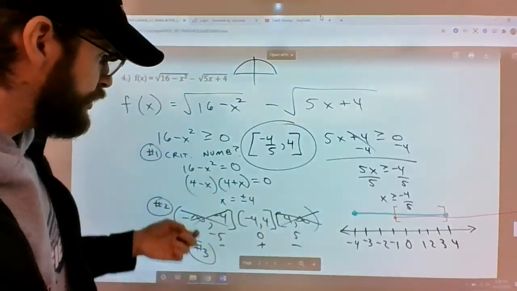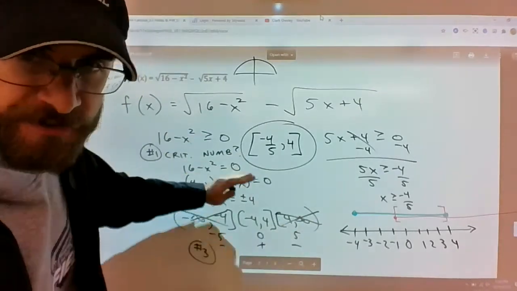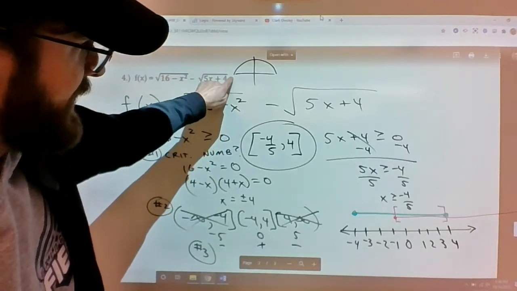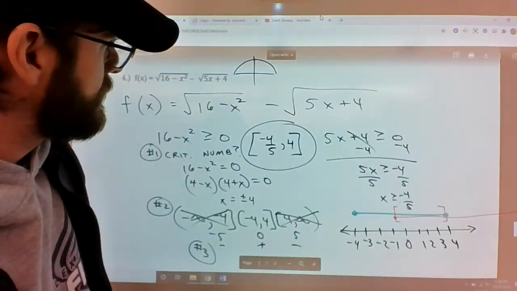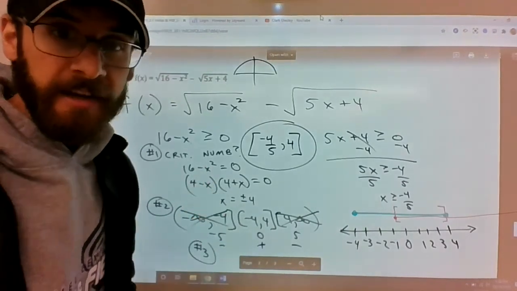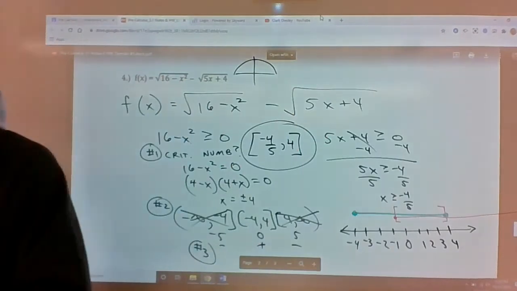So you technically could have foregone this entire procedure and just said, that's a semicircle. It lives between the left radius and the right radius. Negative 4 to 4. Just throwing that out there. Again, another nice little graphing checkpoint for you.